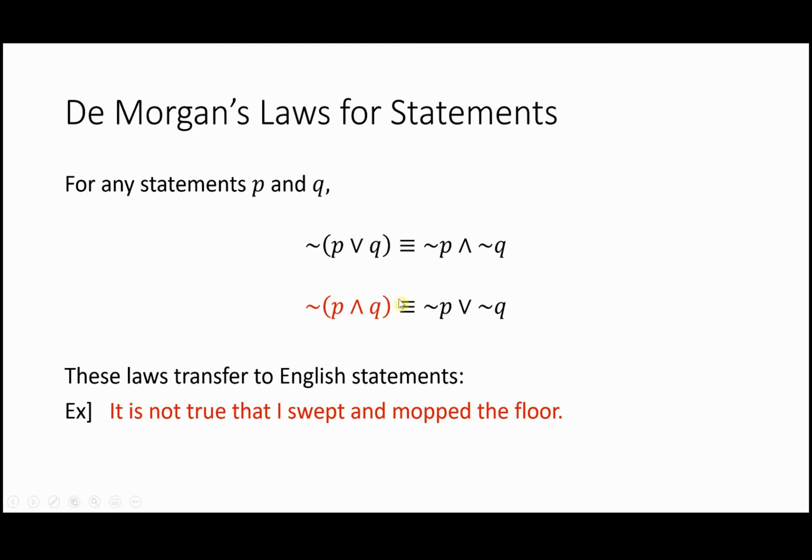So that means it must be equivalent to, now let P be I swept, and Q can be I mopped the floor. If you take those pieces and place them into these symbolic components with these negations and change the and word to the or word, then you can rewrite it in the following way. It's equivalent to I did not sweep or I did not mop the floor.